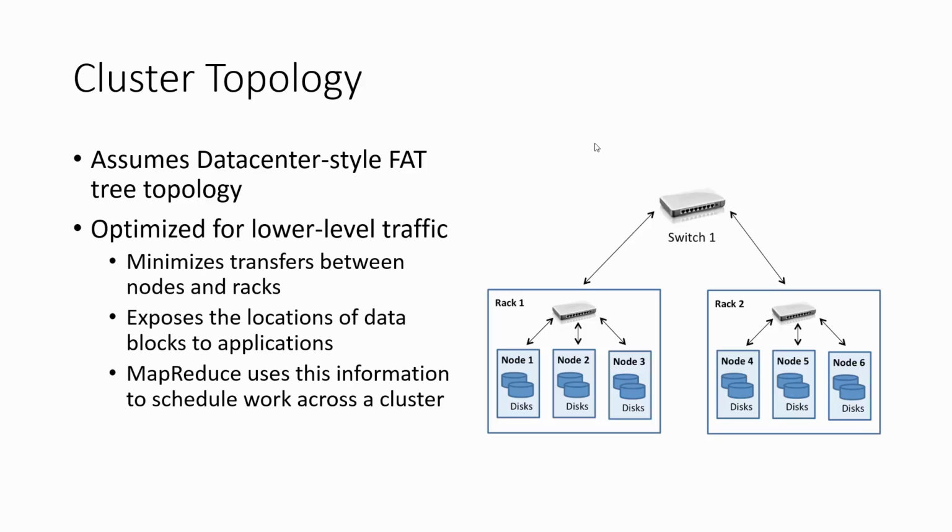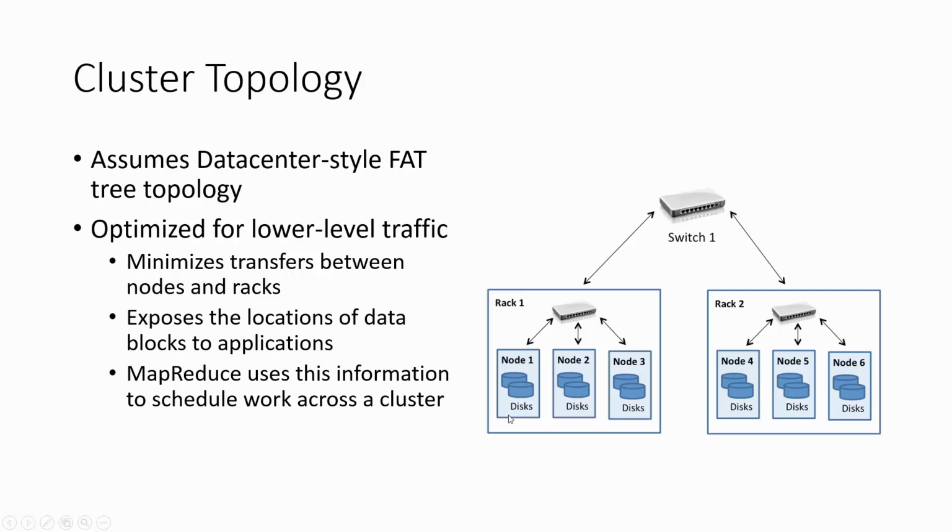This is optimized for lower level traffic. So HDFS assumes that this is the kind of topology that exists in the cluster, and therefore tries to minimize transfers between nodes and between racks.